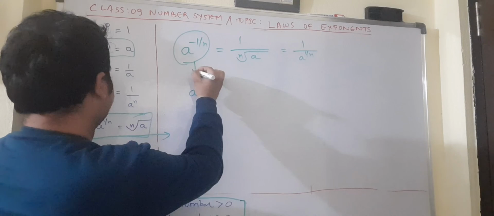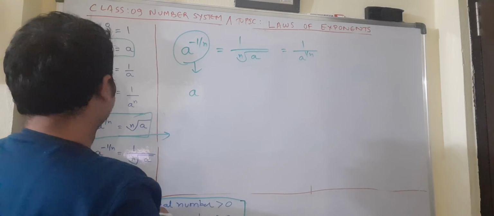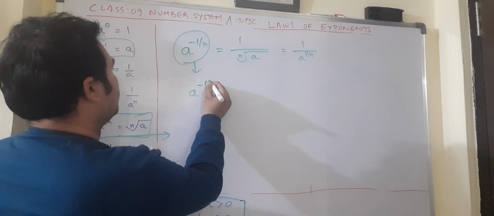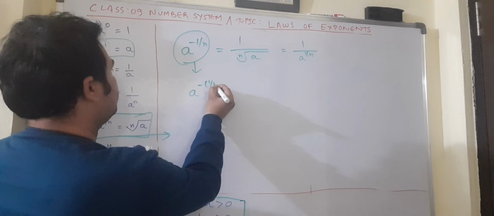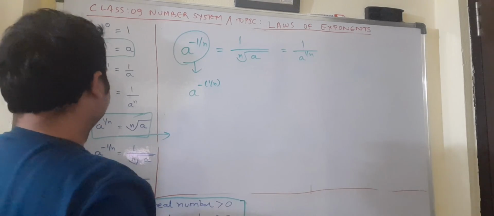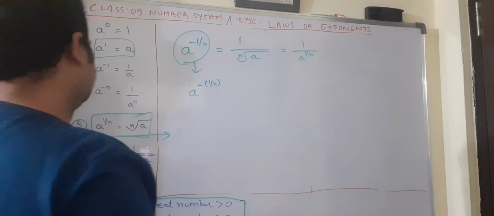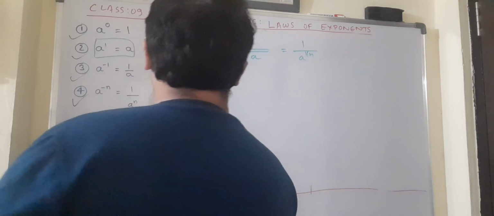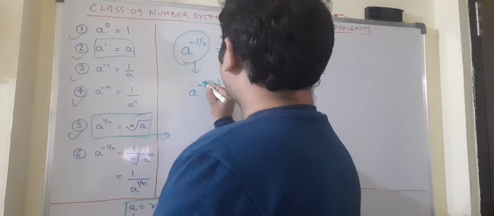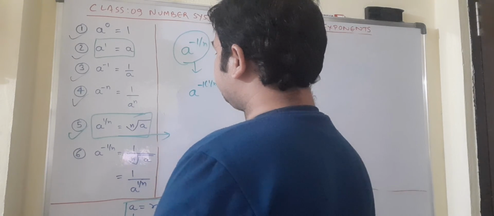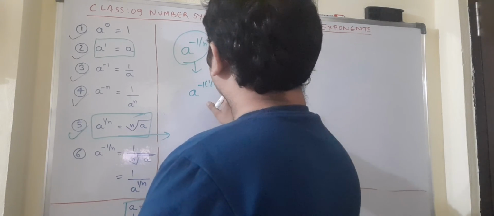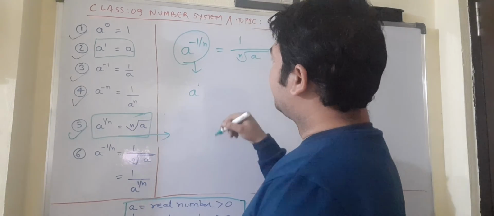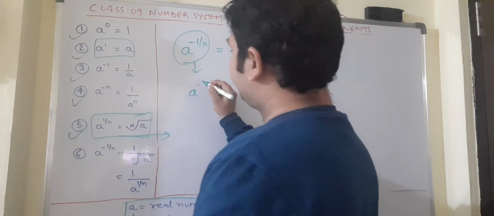You can write this as minus 1 into 1 by n, or even before that you already know that minus sign is for making the number reciprocal. Whatever it is, it will become reciprocal.